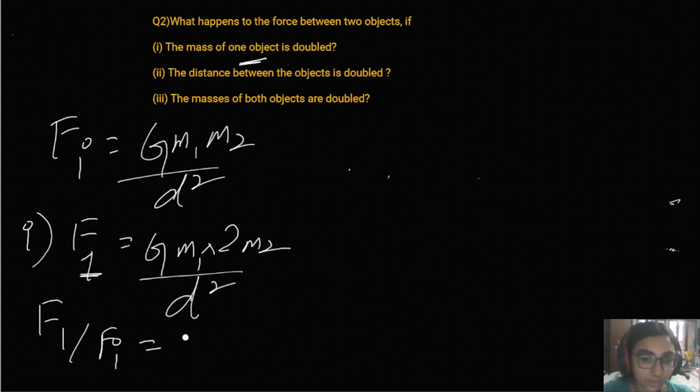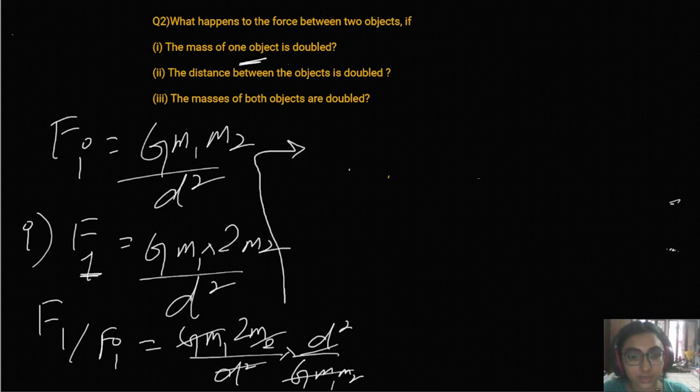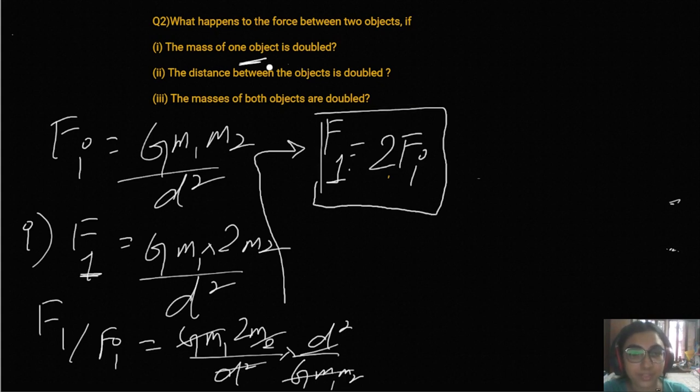So again let's write G m1 2 m2 by d square into d square by G m1 m2, right? So we strike off all the values except 2 remains. So from here we get that the new changed gravitational force is twice the initial force. So on doubling the mass, because it is directly proportional, the force of gravity also doubles. Okay, so now the second part is the distance between the objects is doubled. In the previous question it was reduced to half, here it is doubled.